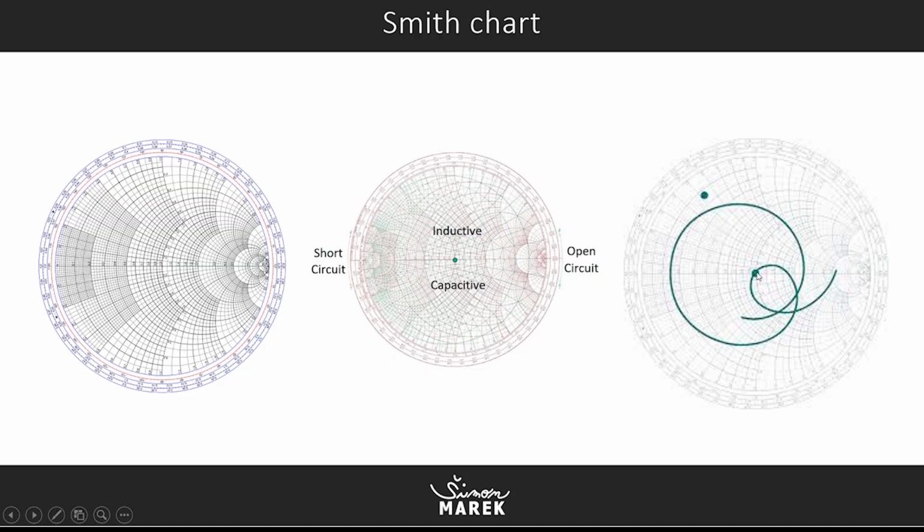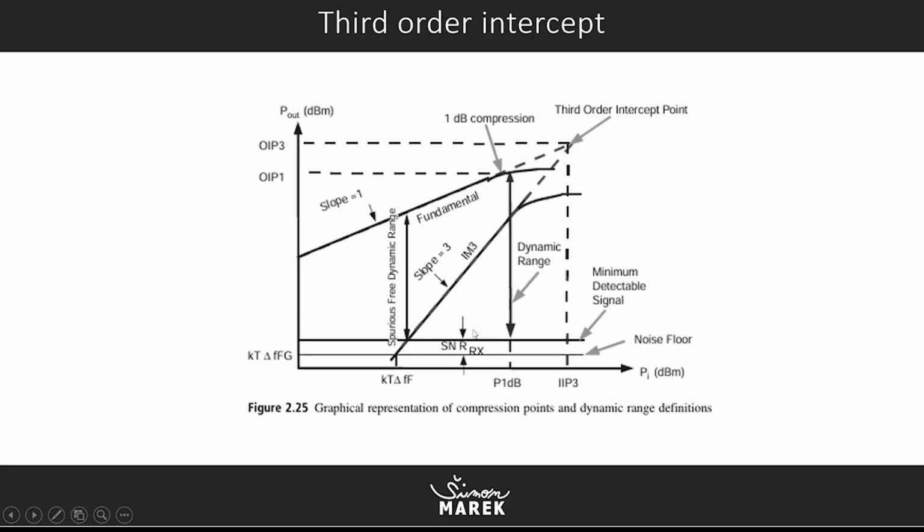So let's say at the frequency of 5 gigahertz you have 50 ohms matched circuit. So this is really our trace. Also important to know that right side is open circuit, left side is short circuit, upwards is inductive element, and downwards is capacitive element. And this is all we need to know.